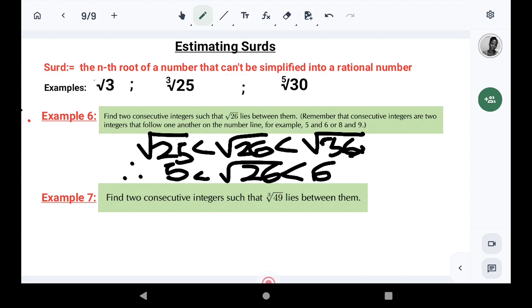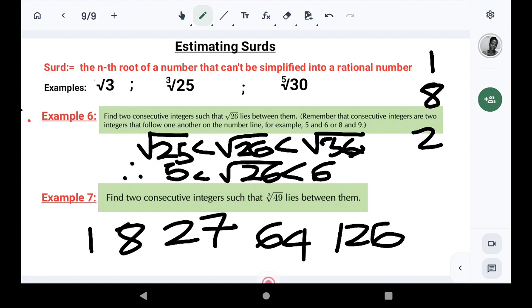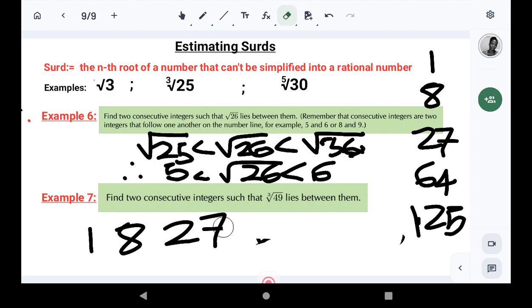So that's 1 cubed is 1, 2 cubed is 8, 3 cubed is 27, 4 cubed is 64, 5 cubed is 125, and so on and so forth. All right, so let me list them like this: 1, 8, 27, 64, 125. So we can have space to write our answers.